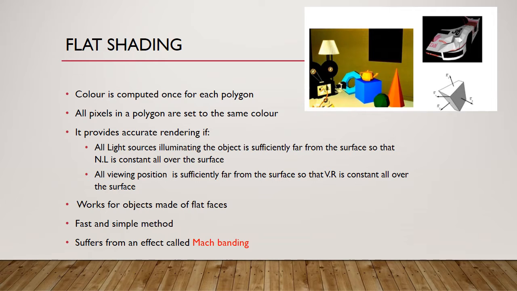You can see in the picture that there are stripes of shades. But it works for objects which have flat faces. It's a simple and the fastest shading method available. This is an example of Mach banding, and that is the disadvantage of flat shading.